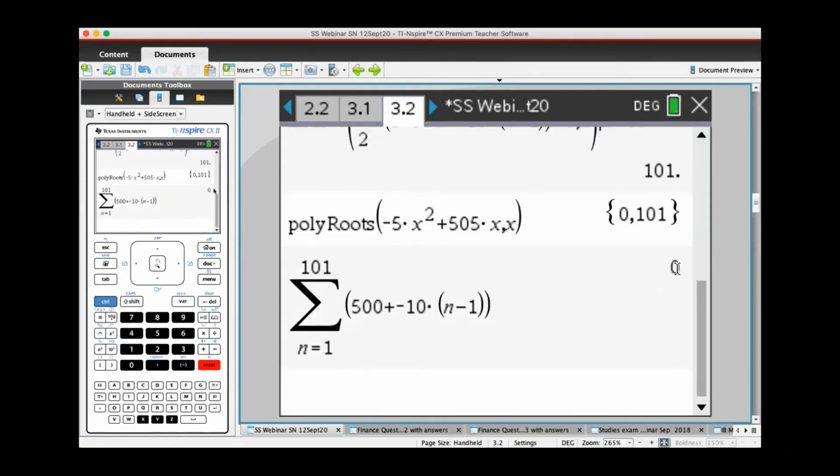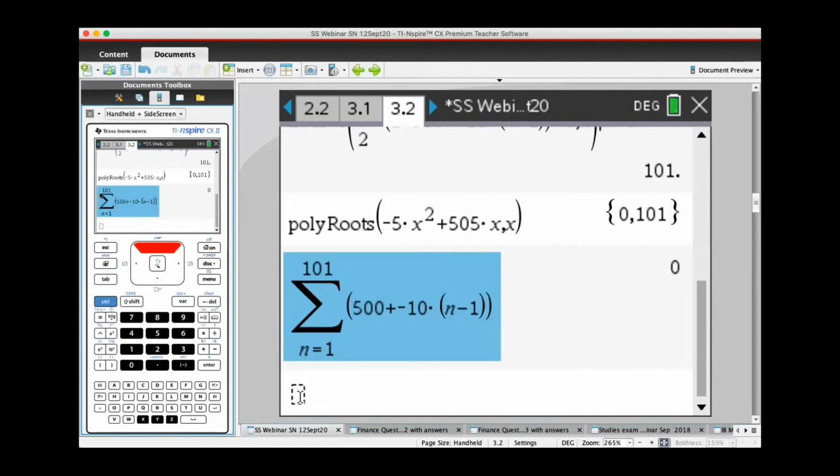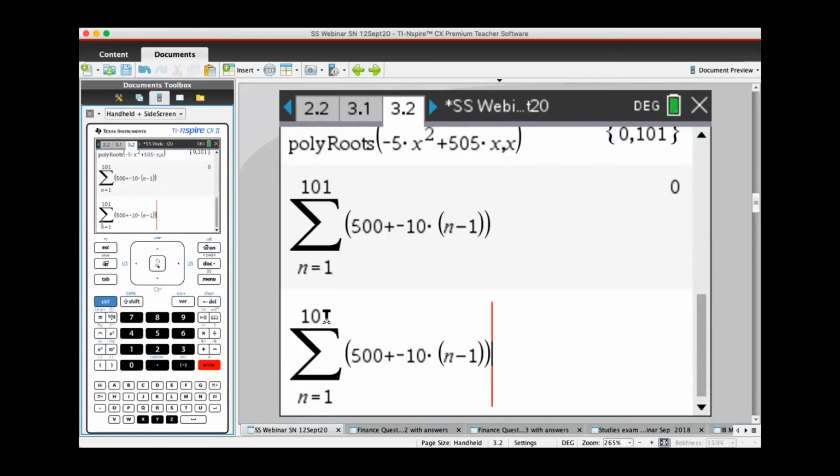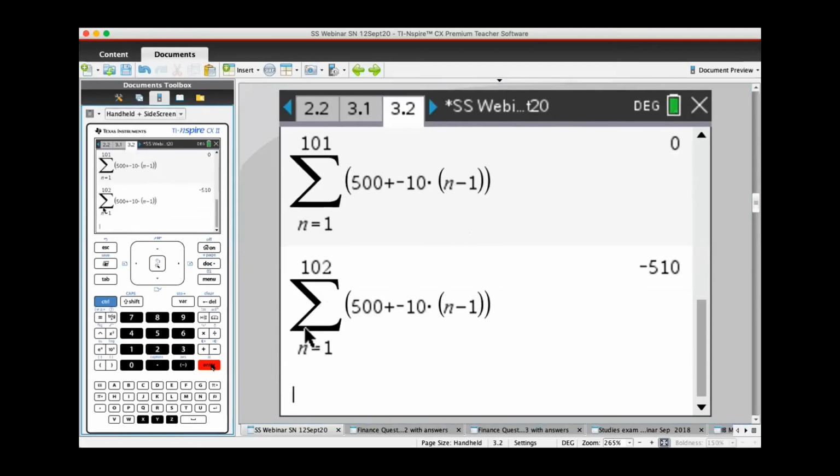It should give me a negative answer, but it is equal to 0. Now let's go back up and get it again and say I want to find the sum of 102 terms. You press enter and you get your negative answer. So the first 101 terms give you a sum of 0, and when you do the sum of the first 102 terms, you get your first negative sum.